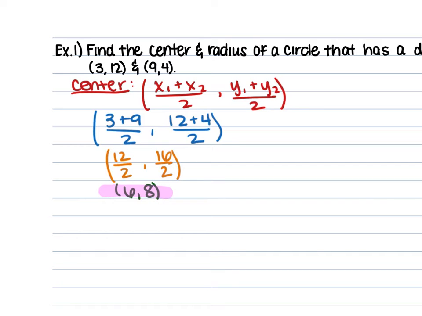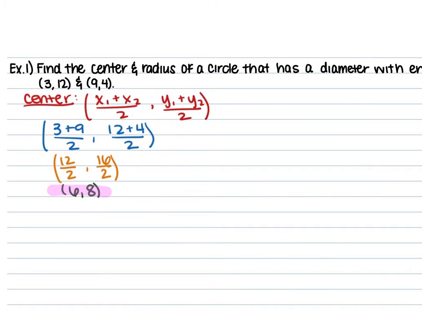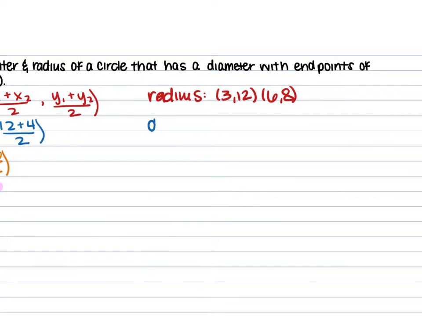So now we need to find our distance between the center point and one of the original points. So I'm going to use the radius. The 2 points that I'm going to use are the (3, 12) and my center, which is (6, 8). So I'm going to have the square root of x2 minus x1, so 6 minus 3 squared, plus y2 minus y1, so 8 minus 12 squared.